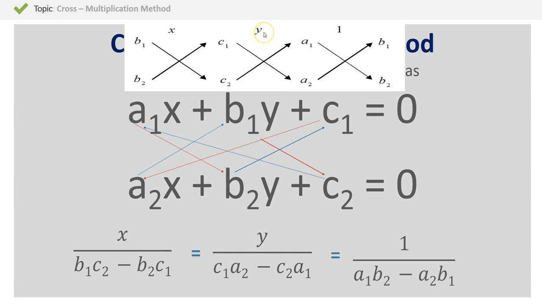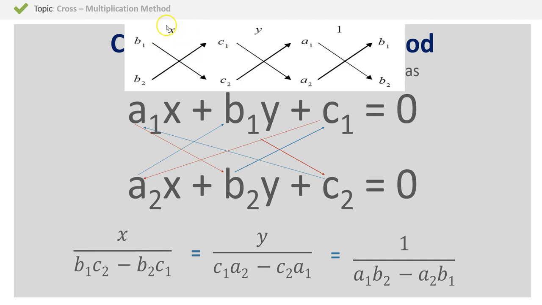Then you go to y and you write c1 c2 and a1 a2. Then you go to the constant term and you write a1 a2 and b1 b2, and now you multiply in the similar pattern.